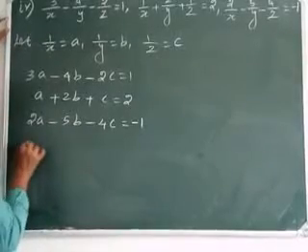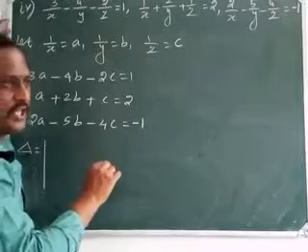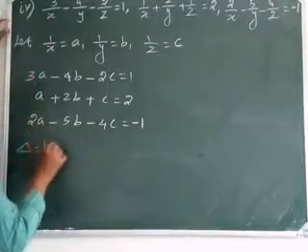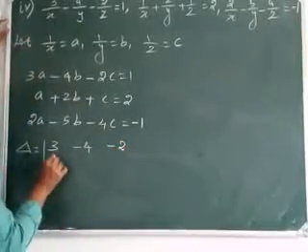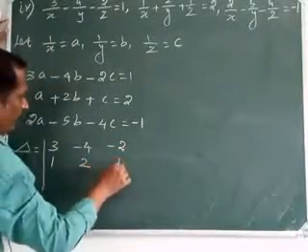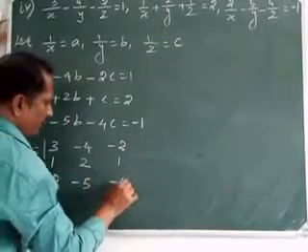So next we have to calculate delta. Delta means we have to take the coefficients of a, b, c: 3, minus 4, minus 2, then 1, 2, 1, and then 2, minus 5, minus 4.